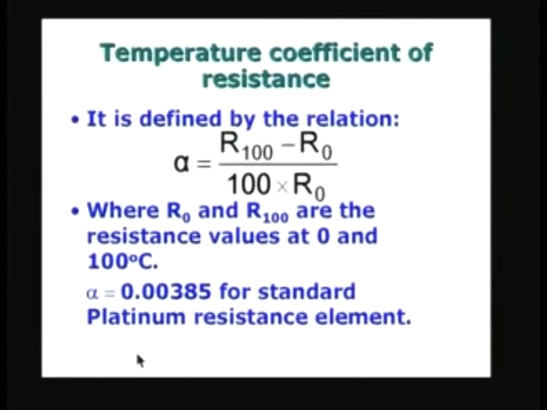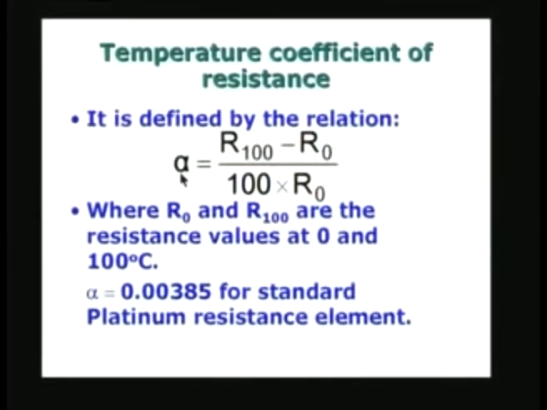So, let us look at the way we are going to characterize the PRT. We use some terms which are useful in describing the platinum resistance thermometer. One of them is the alpha value, also called the temperature coefficient of resistance.